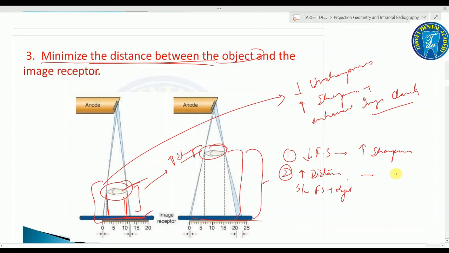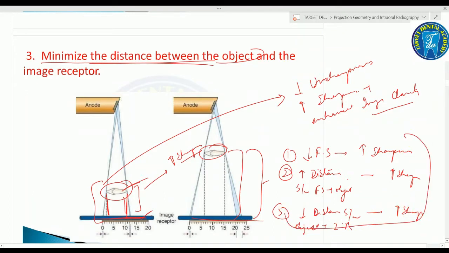It leads to an increase in the sharpness. The third one is to decrease the distance between the object and the image receptor. It leads to an increase in the sharpness.